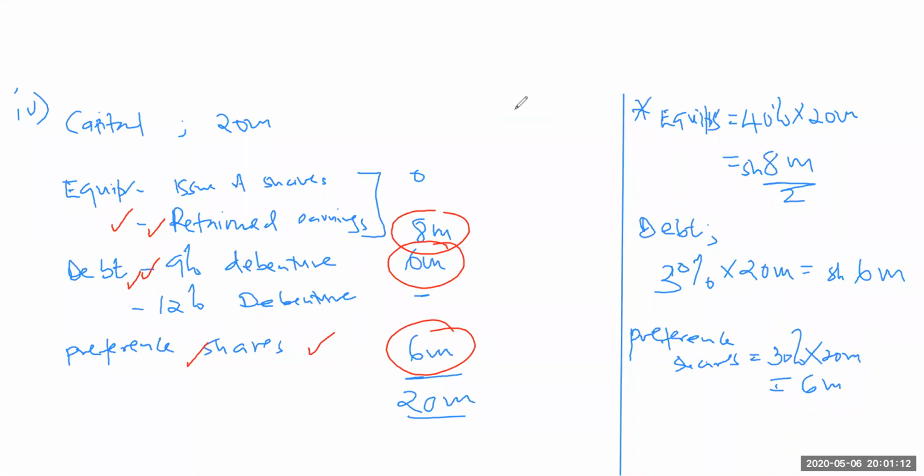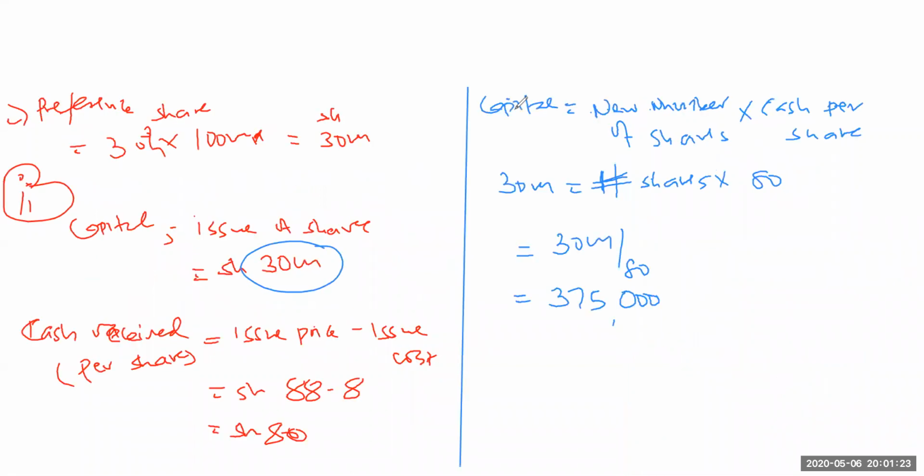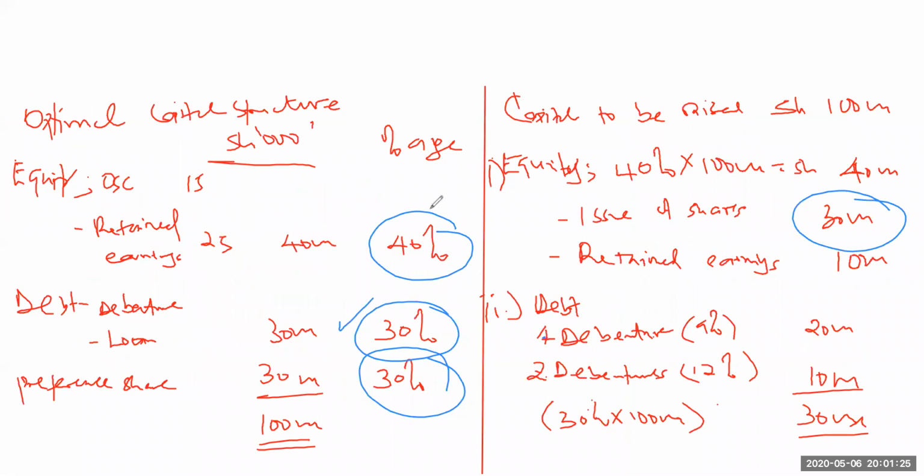Don't forget, we say that we must maintain the company capital structure, the one we had all the way from the beginning. Just to take you back to our first slide, we said that equity will be 40%, debt will be 30%, and preference share will be 30%.